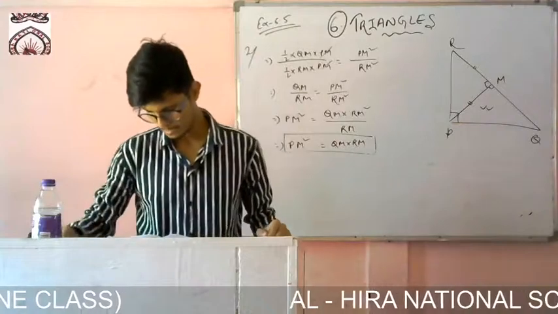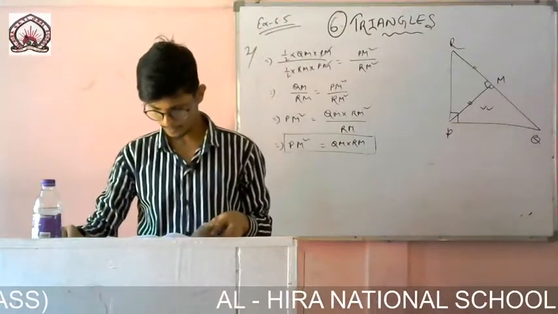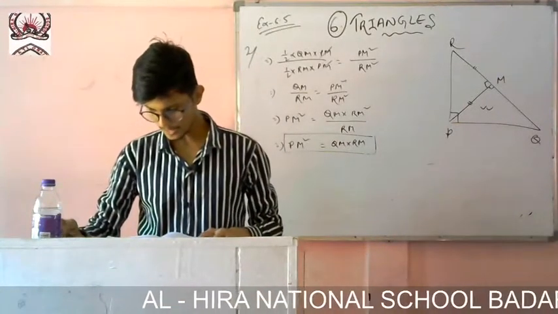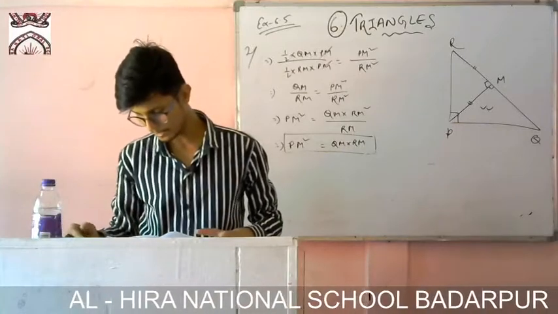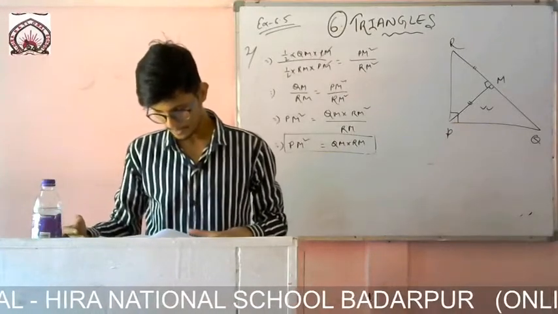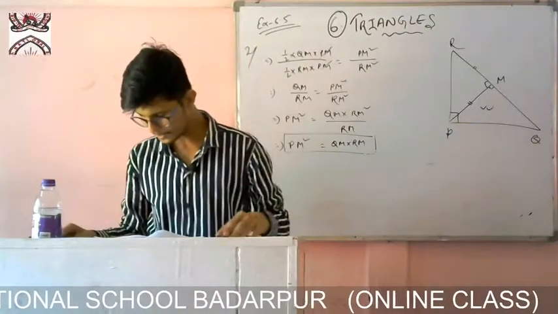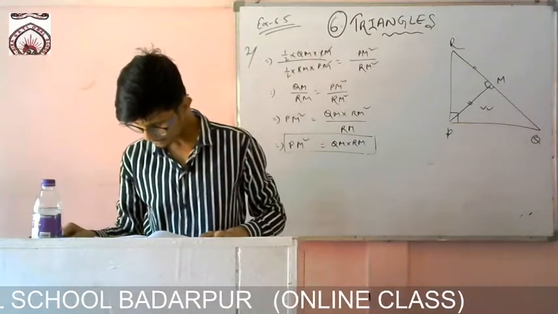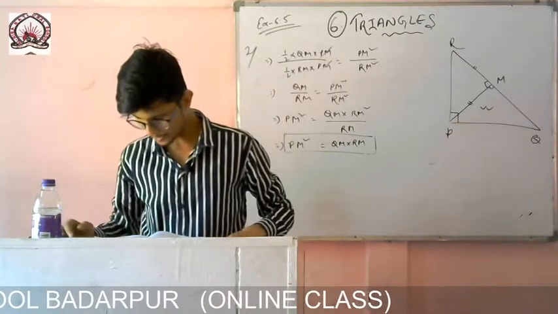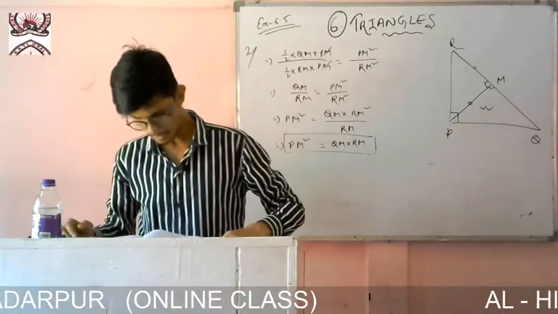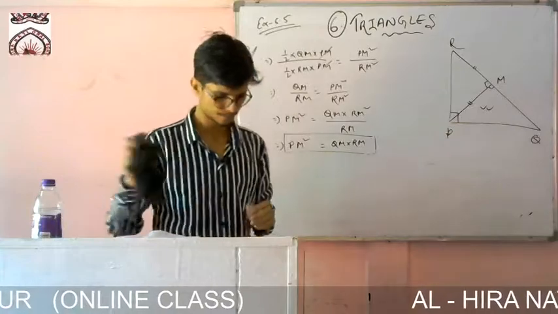Now question number 3. In the figure, ABD is a triangle, right angled at A, and AC is perpendicular to BD, so that AB square is equal to BC into BD.